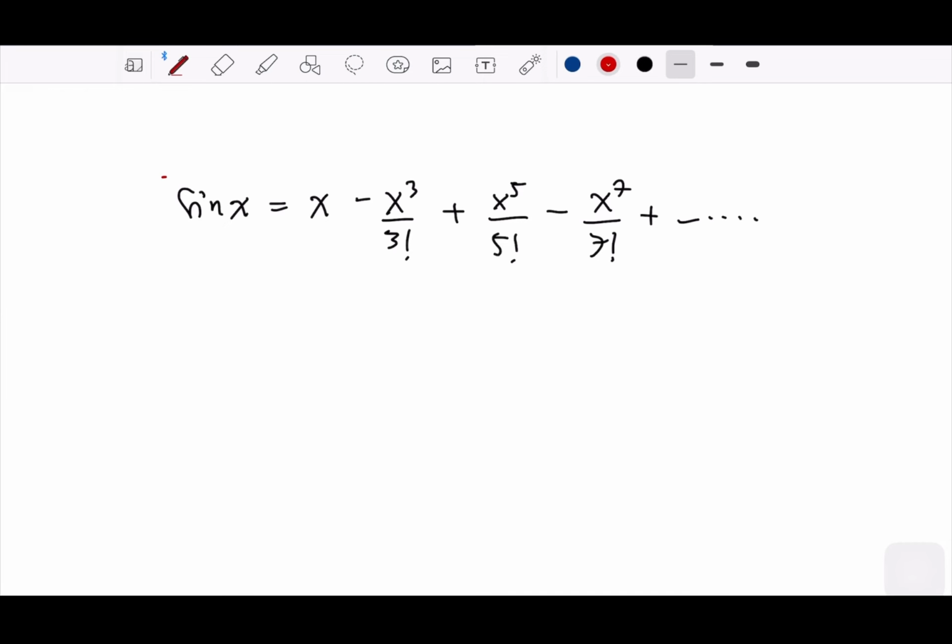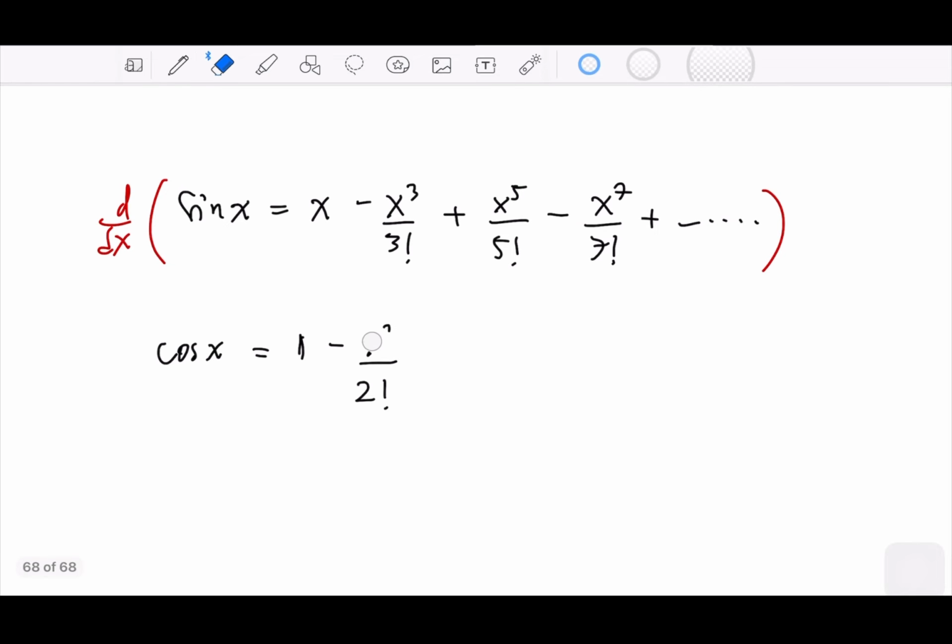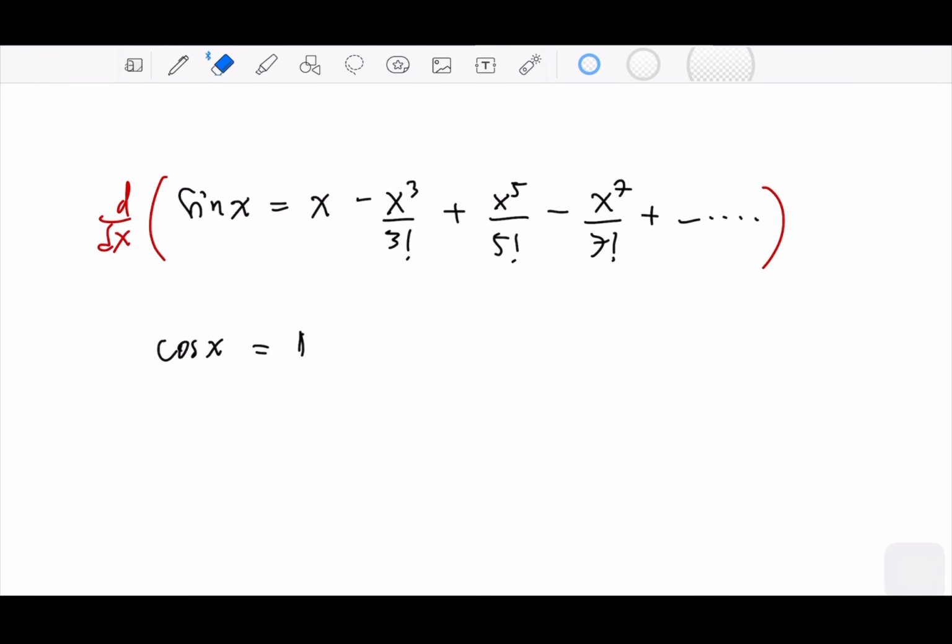Now if we take the derivative of this, it will become cos x equals 1 minus 3x squared over 3 factorial. Let me write it one by one so that you can see how it looks.